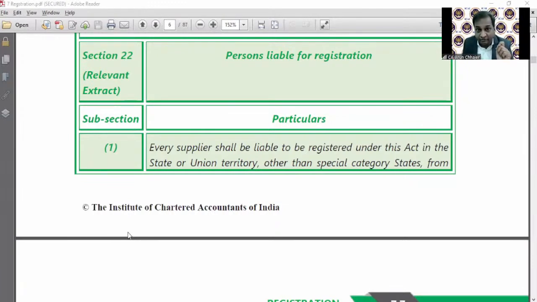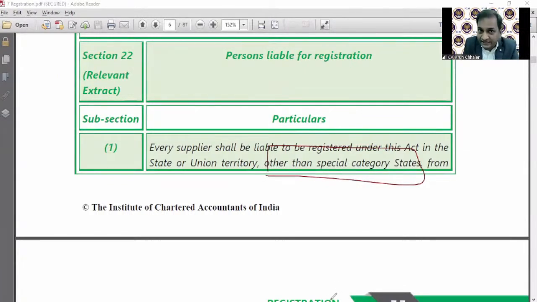Section 22 subsection 1 is very important from a practical perspective. My request, everyone, please participate in the chat if you have any question, and whenever I am asking a question, please give the reply. Starting: every supplier shall be liable to be registered under this Act in the state or UT, other than a special category state.